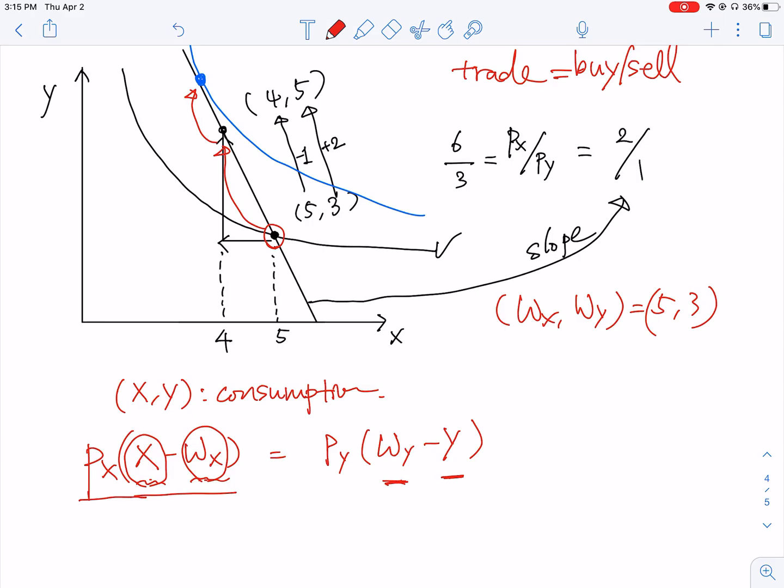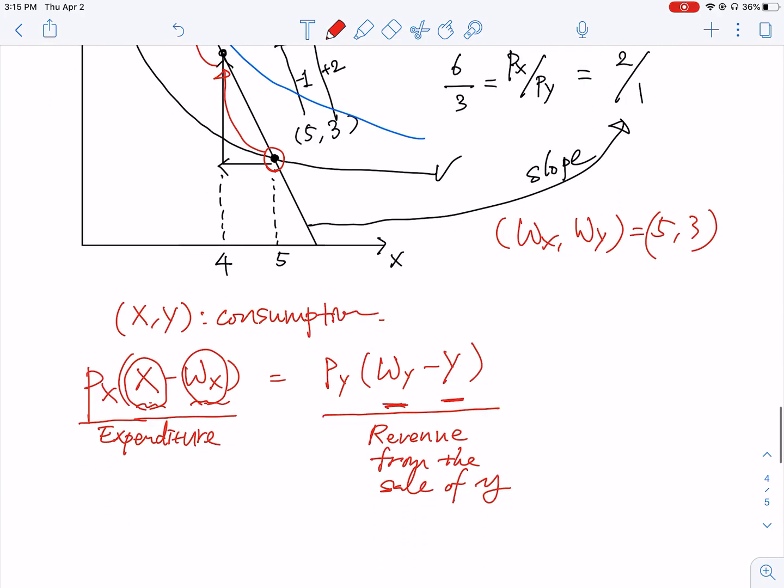So this will be the revenue, and this is going to be the expenditure.